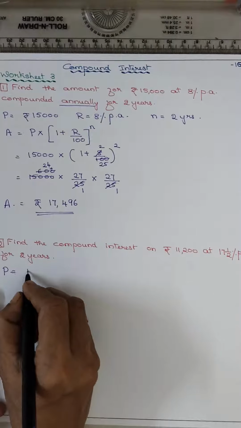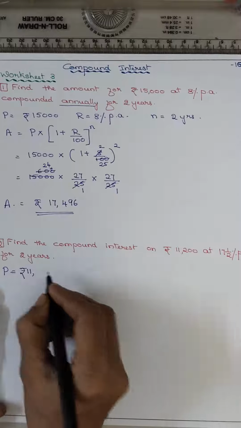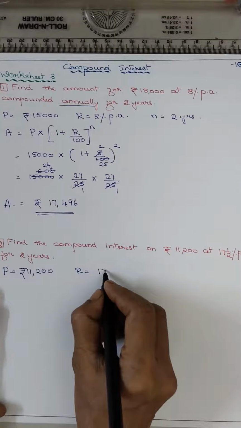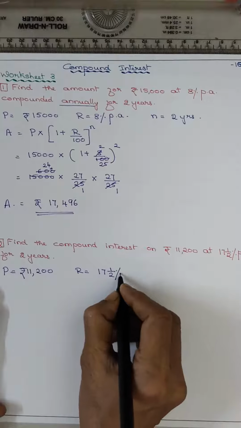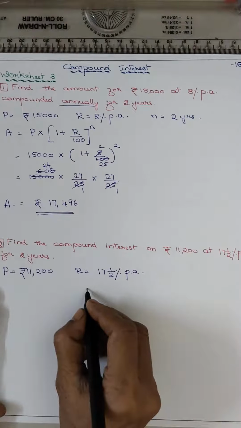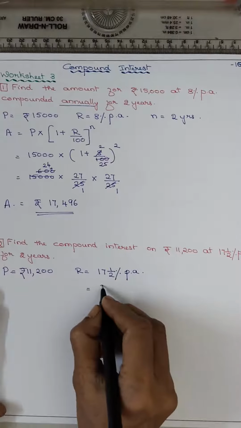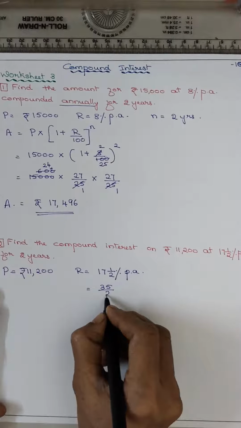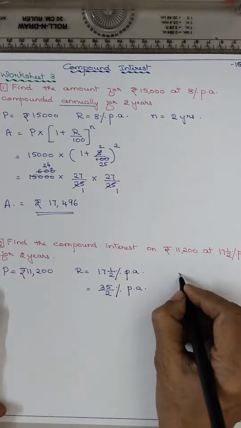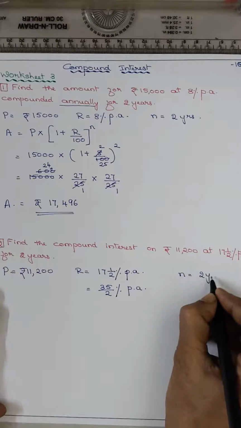So P is 11,200. R is equal to 17.5% per annum. That means 17 2s are 34 plus 1, 35/2% per annum. And N is equal to 2 years.